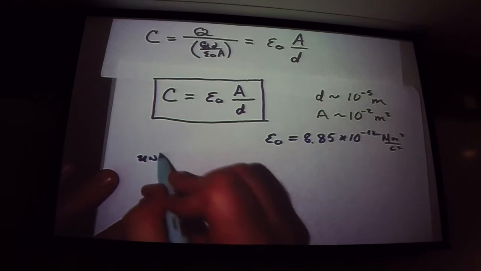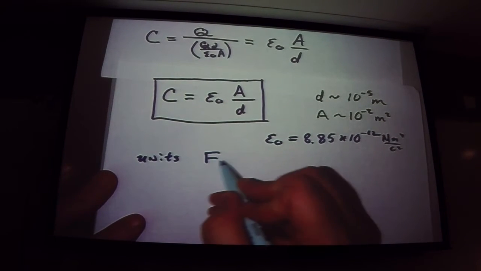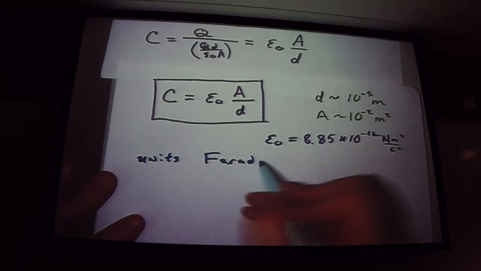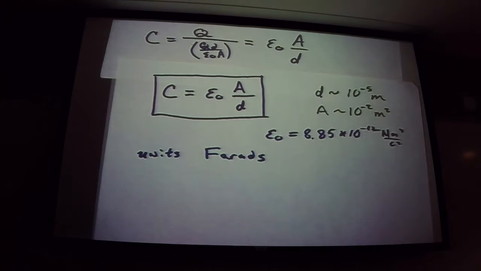The units of capacitance are called farads, symbolized by a capital F. So a 1 farad capacitor is a rare thing.